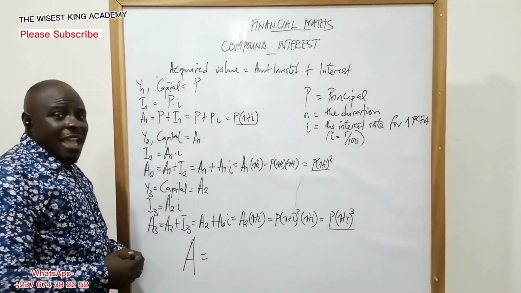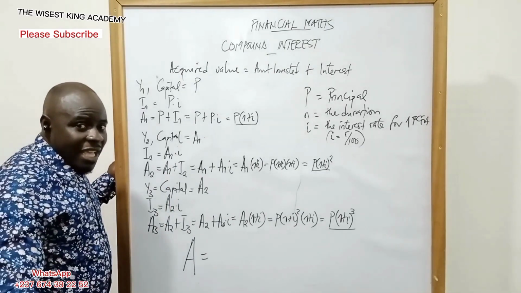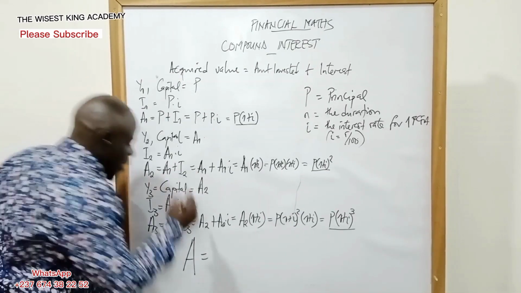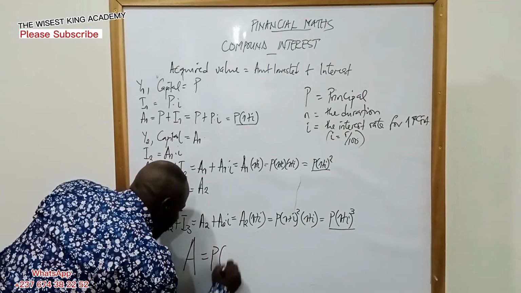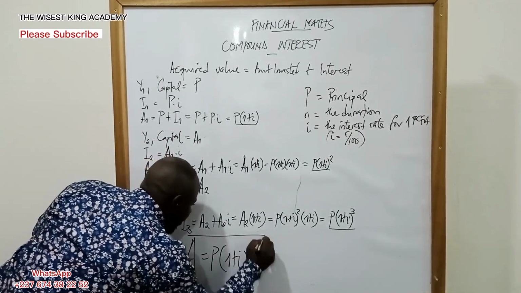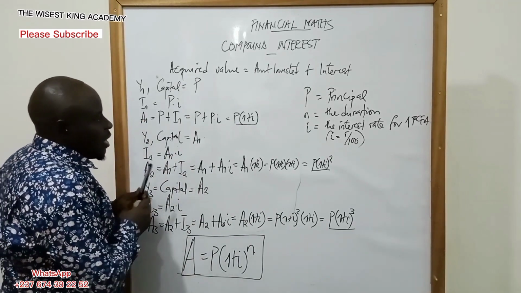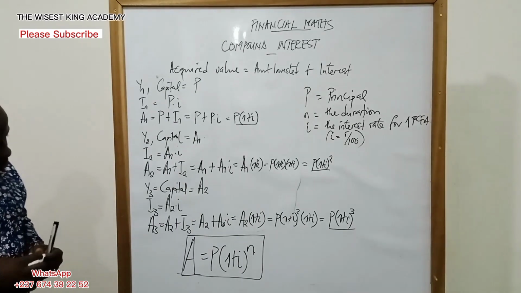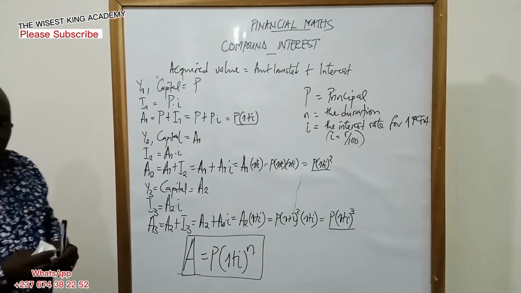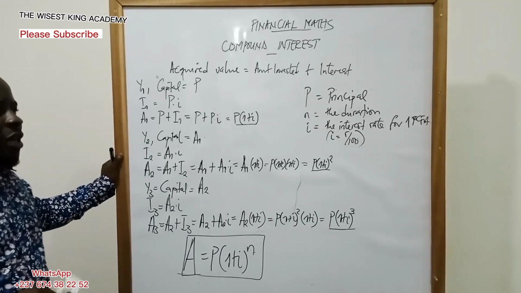It means if we have AN, which is actually A, because the acquired value of the last year is the acquired value of the entire investment, it's going to be equal to P into 1 plus I raised to the power N. This is how the compound interest formula is gotten.